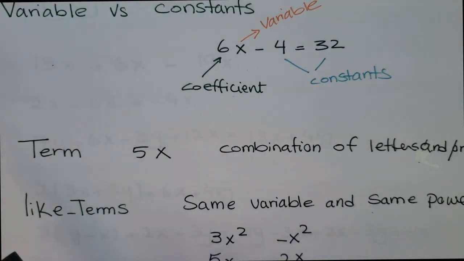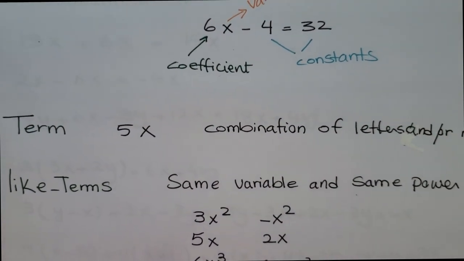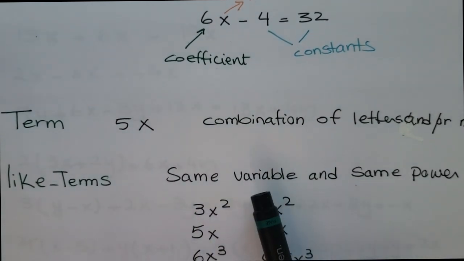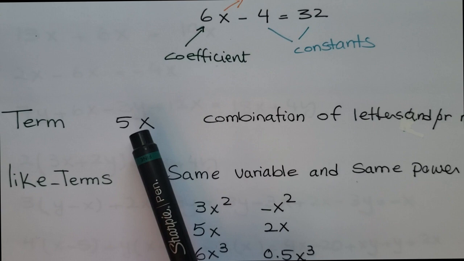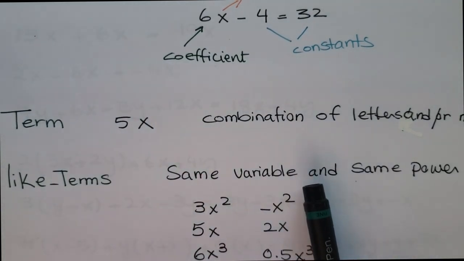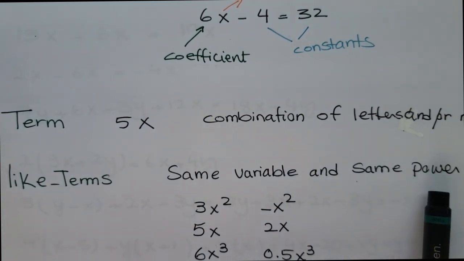Another terminology is like terms. Like terms are when two terms have the same variable, the same letter, and the exponent or the power of the letters is also the same.